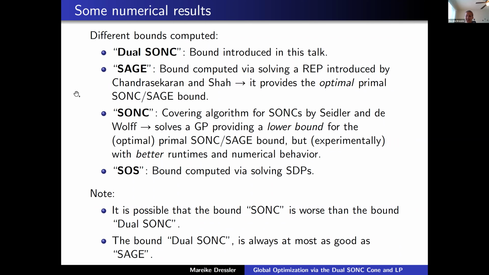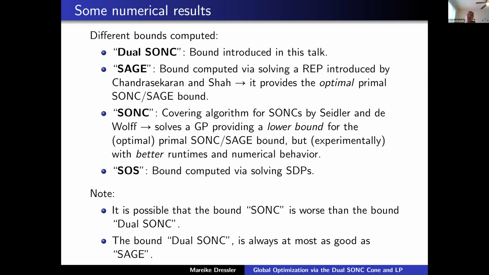This provides us the optimal primal SONC bound, and this is based on relative entropy programming. Then we take the primal SONC into consideration. So this is the covering algorithm, which is, like I said, based on the primal SONC bound. What this algorithm does is compute the circuit decomposition of the ground set. And this is based on geometric programming.